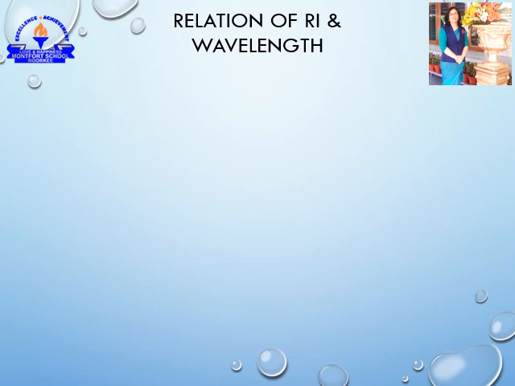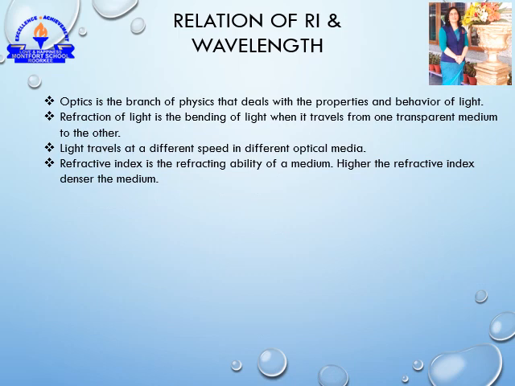We'll be starting with the relation of refractive index with wavelength. Before going to start with this relationship, let us put some light on what we have done till now. There are a few definitions which we have done, that is the definition of optics, that it is a branch of physics that deals with the properties and behavior of light. Refraction of light, that is bending of light when it travels from one medium to another medium.